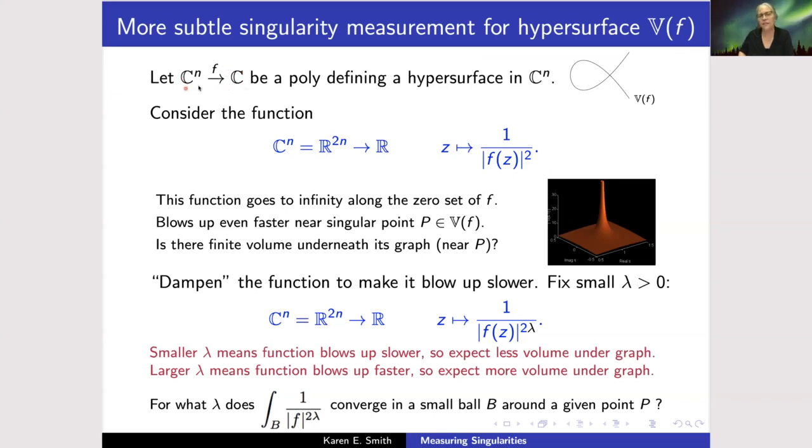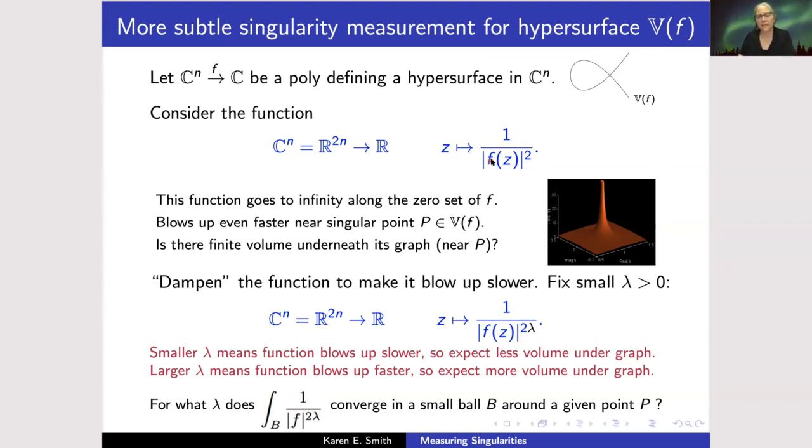So here, the zeros of f are a hypersurface in Cn. I drew a little reminder here that we're interested in the zero sets of f. But in my picture, it looks like I'm in C2, and we might be in a much higher dimension in general. And we're going to consider this function the way an analyst might: we're just going to take 1 over the norm of f squared, or you can think of it as f times f conjugate.